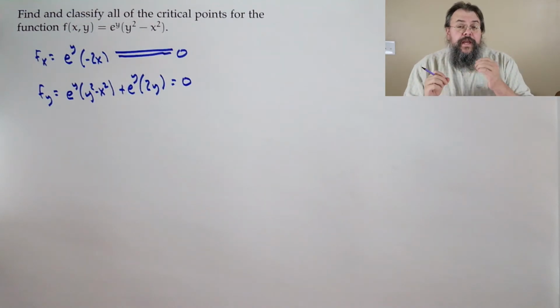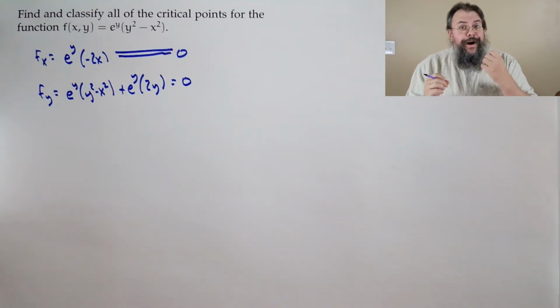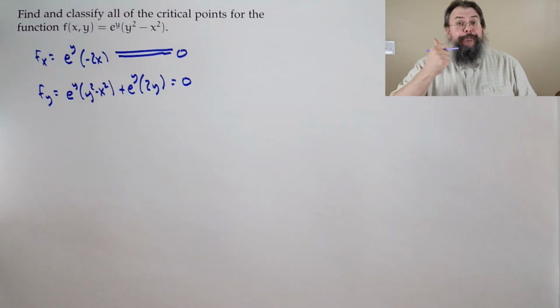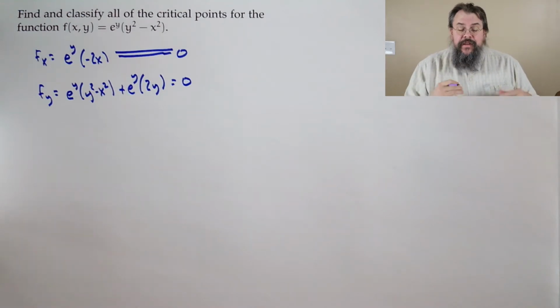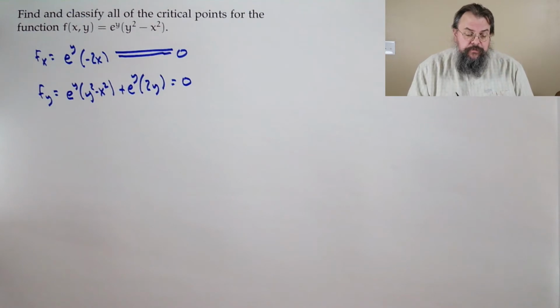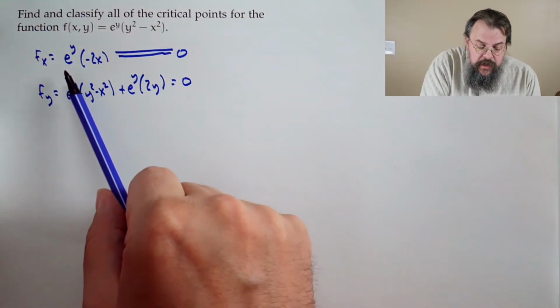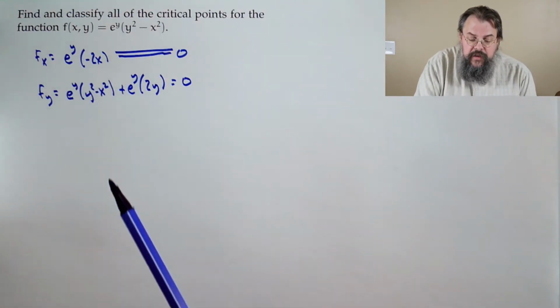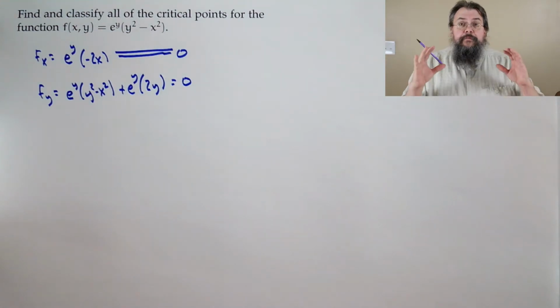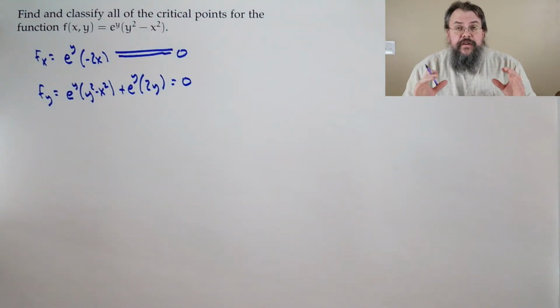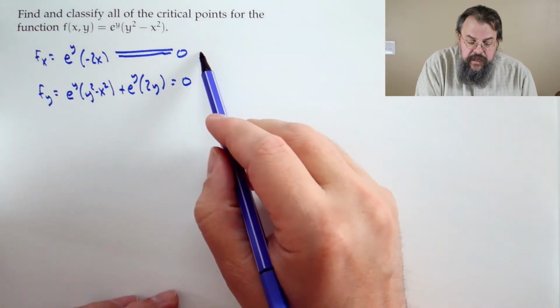Because remember, the exponential function is a really optimistic, outgoing, positive function. See, e to the y is never 0. It's always strictly positive. So if I have e to the y times minus 2x equals 0, it must be the case. It must be. There is no choice that x equals 0.